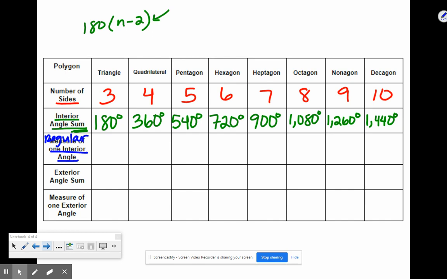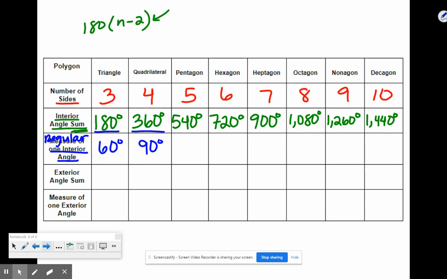If I wanted to know one angle in this triangle, 180 divided by 3 would be 60 degrees if it was a regular, equilateral triangle. If I wanted to know one angle, 360 divided by 4 is 90 degrees; a square is technically our regular quadrilateral. Then we could keep going to our pentagon, taking 540 divided by 5 if we had a regular one.